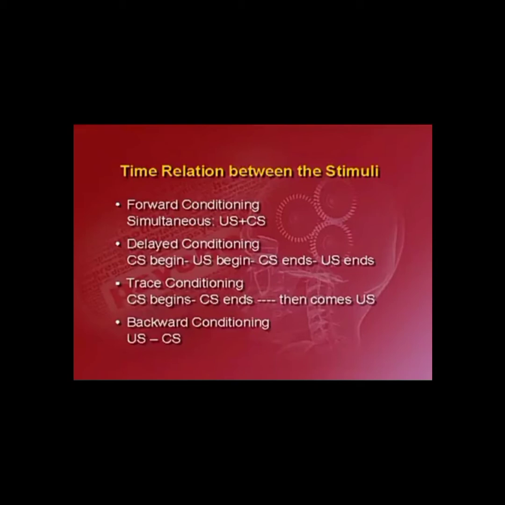Then next is trace conditioning. In trace conditioning, the onset and the end of the CS, meaning giving and removing the CS, precede the onset of the US with some time gap between the two. That is, both the stimuli are given with an interval of time in between.